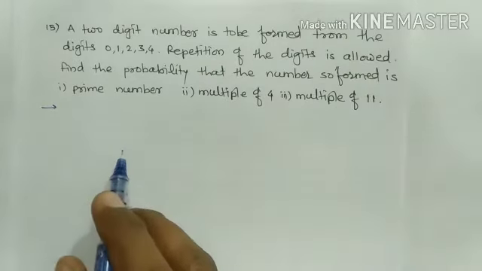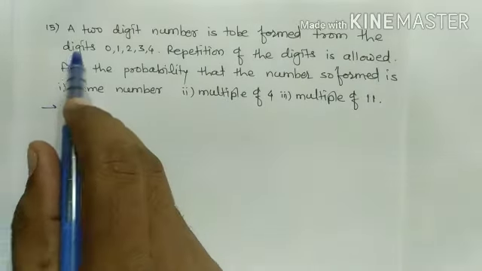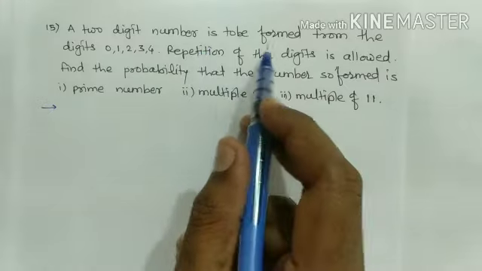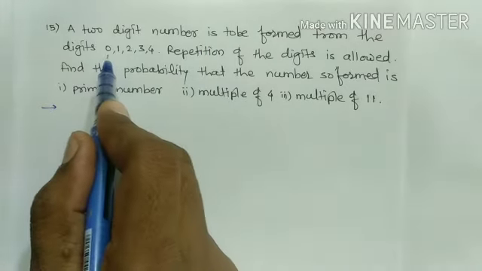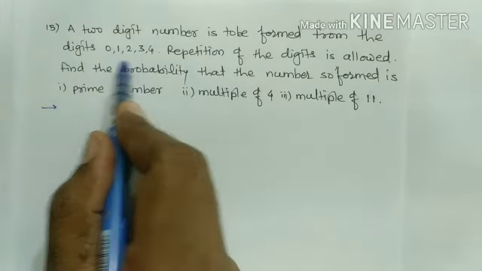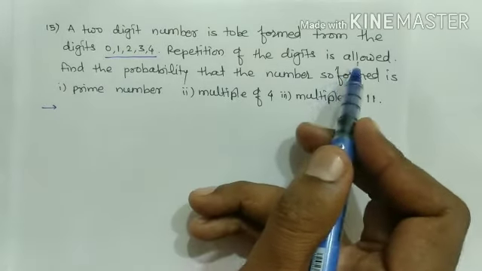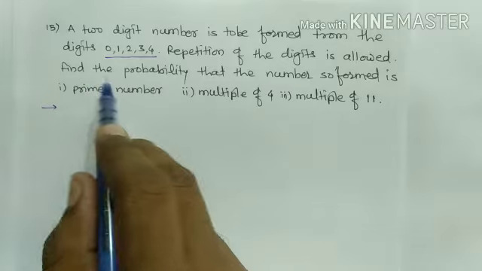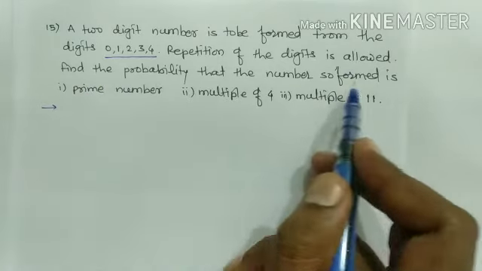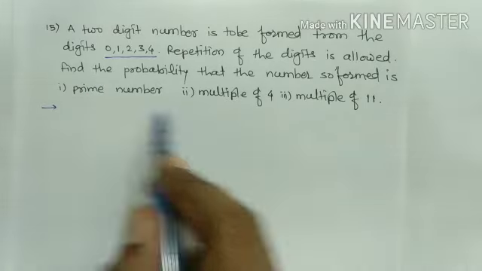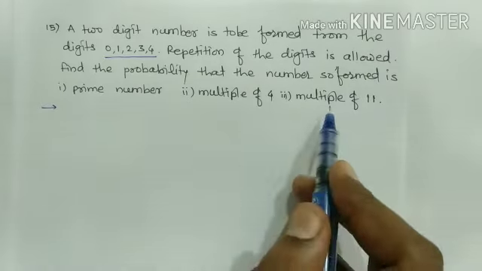Now, the next example is example number 15. A two-digit number is to be formed from the digits 0, 1, 2, 3, and 4. Repetition of the digits is allowed. Find the probability that the number so formed is a prime number, a multiple of 4, and a multiple of 11.